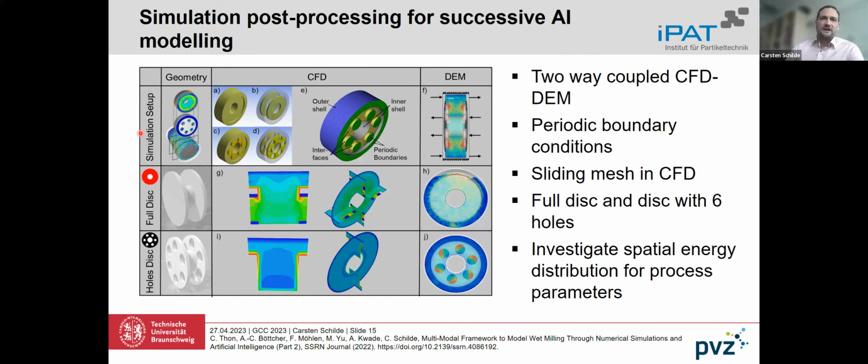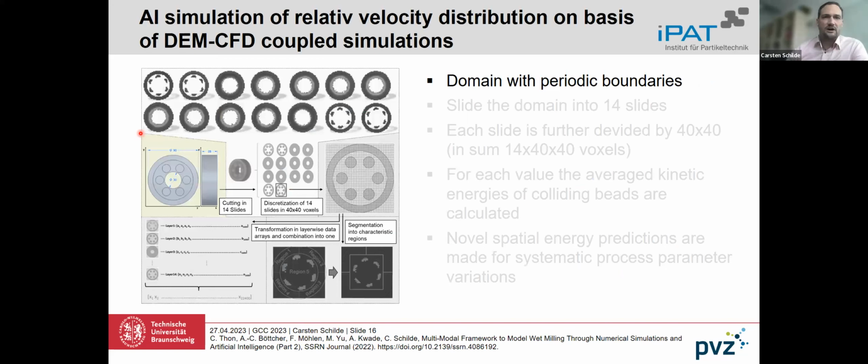We can start with, for example, our CFD-DEM simulation of the stirred media mill, and we can divide our mill into several slices, and every slice into a certain number of voxels, which is given here on the next slide. How it works is on the left side; I think some of you already know this approach.